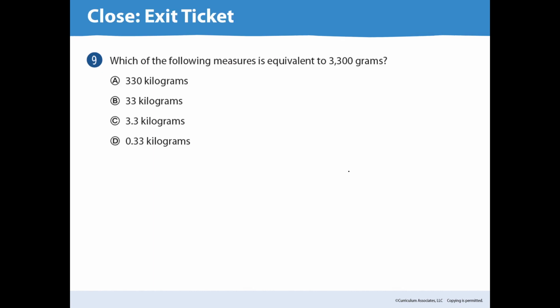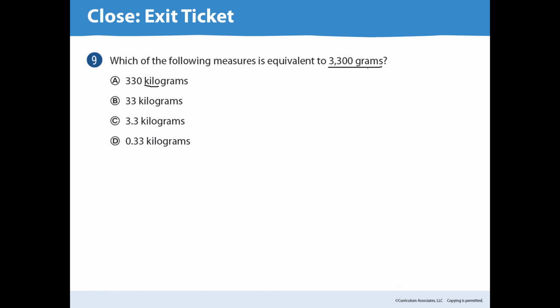Number 9, which of the following measures is equivalent to 3,300 grams? So kilograms, I know kilo means 1,000. Grams is the smaller unit, and kilograms is the larger unit. There are 1,000 grams in a kilogram.